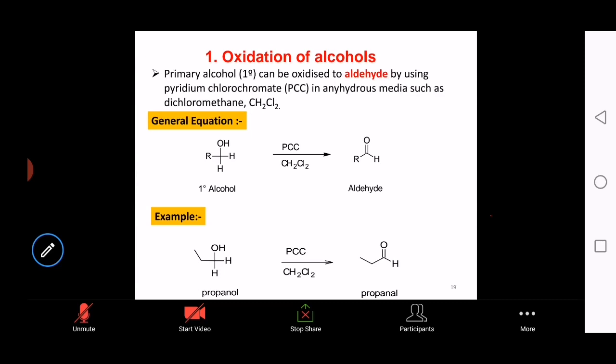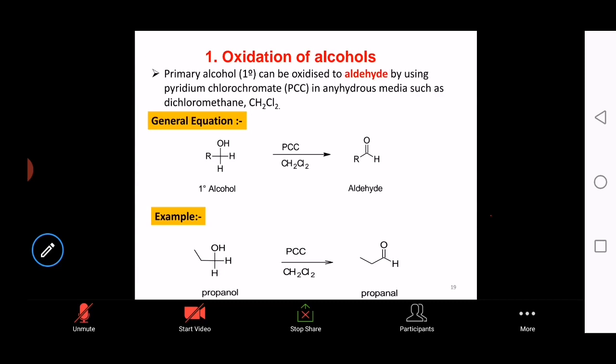Oxidation of alcohol. Primary alcohol can be oxidized to aldehyde by using pyridinium chlorochromate (PCC) in anhydrous media such as dichloromethane (CH2Cl2). PCC is a weak oxidizing agent. You need to know this. When a primary alcohol is oxidized using a weak oxidizing agent, it will produce aldehyde.